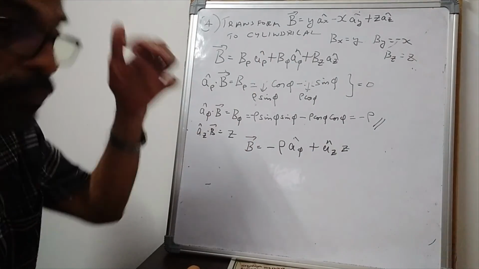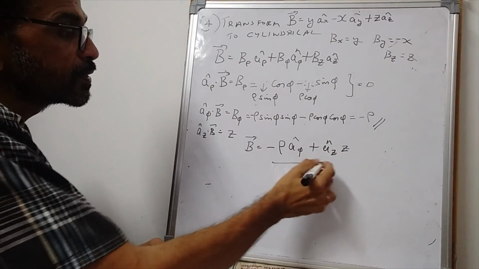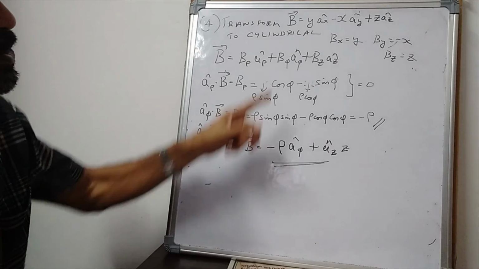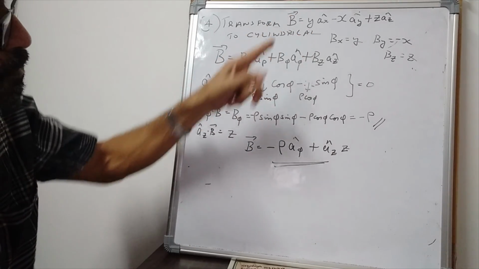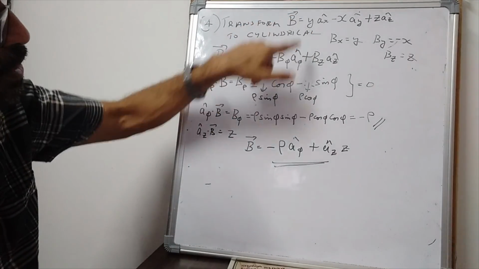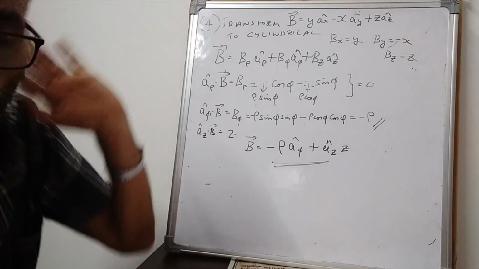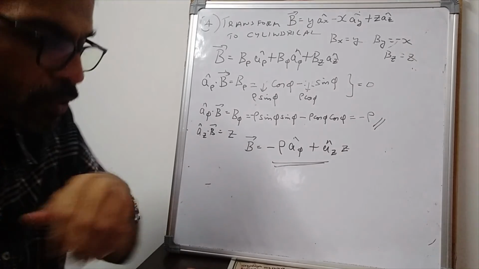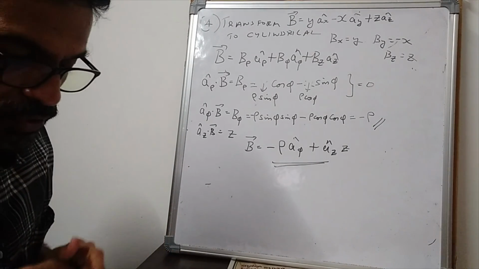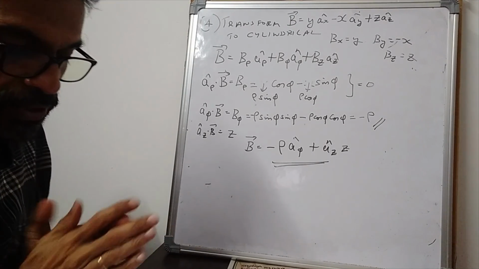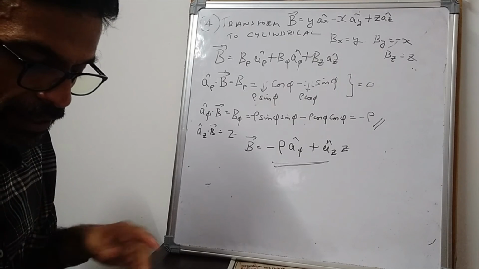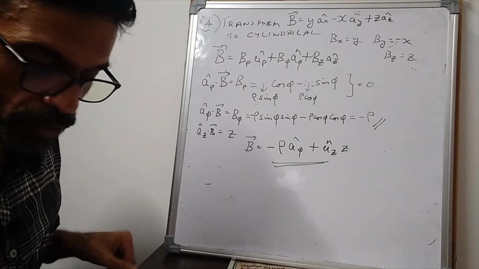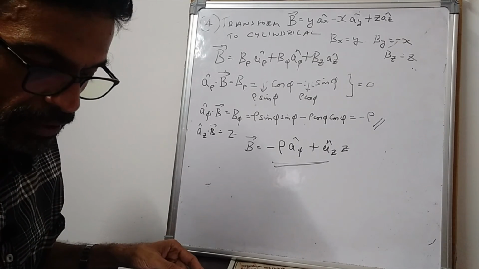There is no rho component. So this is the representation of this vector or vector field in cylindrical coordinates. They are the same. Here it is expressed in Cartesian coordinates, whereas here it is expressed in cylindrical coordinates. So with this we will stop this lecture, and we will continue discussing more problems in the next lectures.